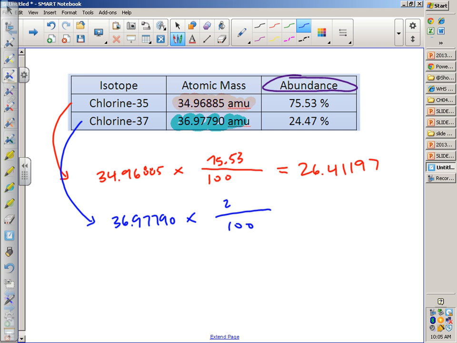And then the percentage, 24.47, goes on the top. And then this one turns out to be like 9 point something. What is it?